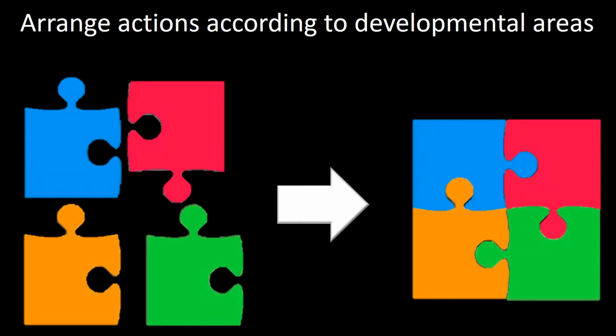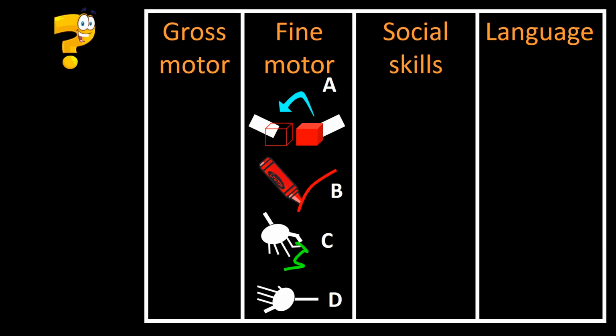The first step is to arrange each milestone according to the appropriate developmental area. In this question, since we're dealing with the same milestones as in the last question, we know that all the milestones are in the fine motor area. So we will bypass the analysis of each milestone and just show you its conclusion, as you can see in this frame.